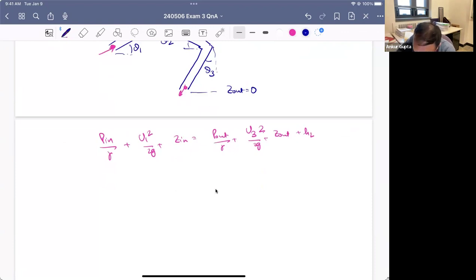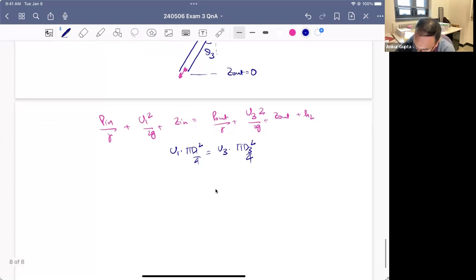I also know U1 into pi D1 square by 4 is equal to U3 into pi D3 square by 4. It's asking for the outlet velocity, so I can now say U1 is equal to U3 into D3 square by D1 square.